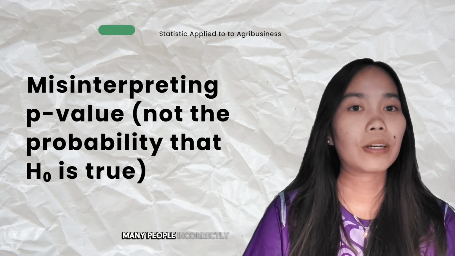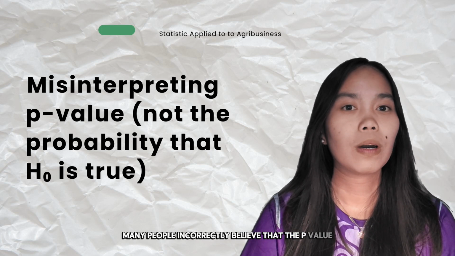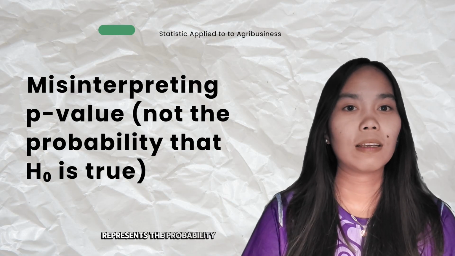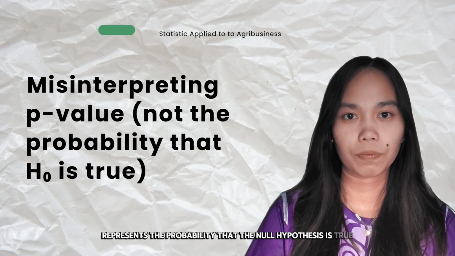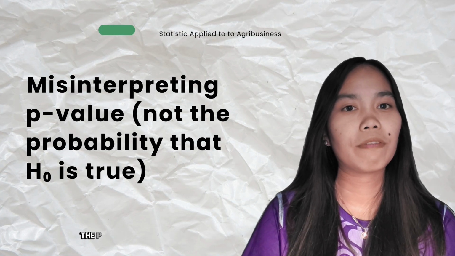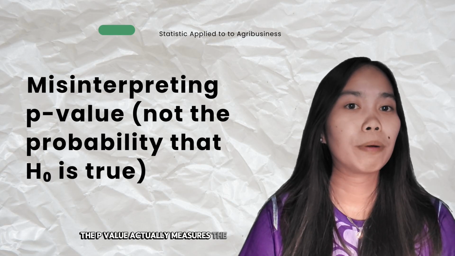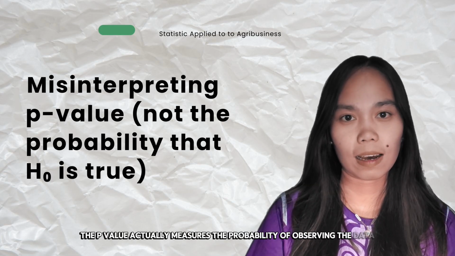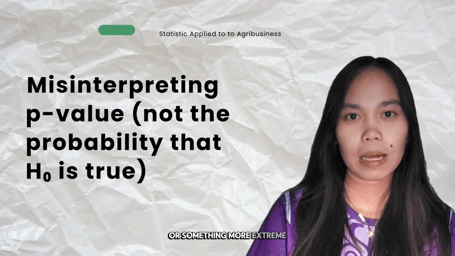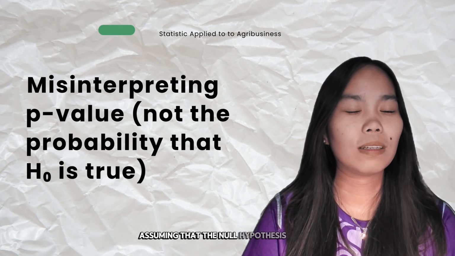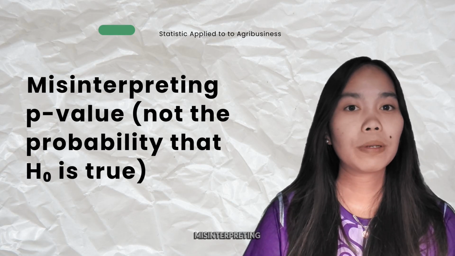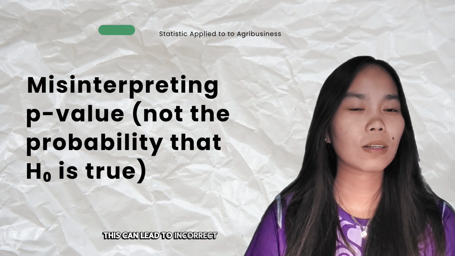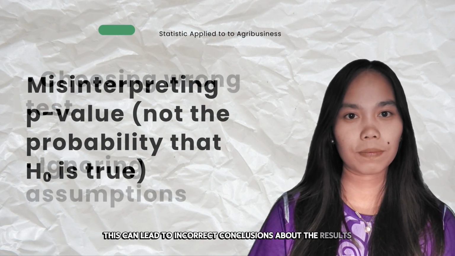Many people incorrectly believe that the p-value represents the probability that the null hypothesis is true. However, the p-value actually measures the probability of observing the data, or something more extreme, assuming that the null hypothesis is true. Misinterpreting this can lead to incorrect conclusions about the results.